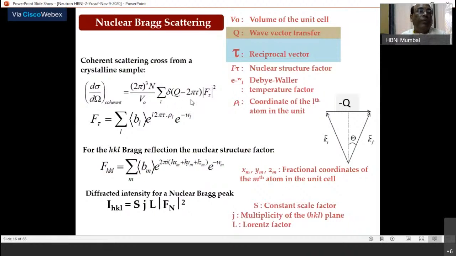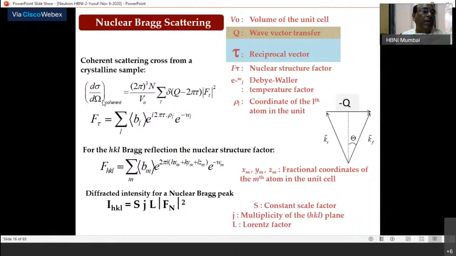You don't get Bragg peaks at all positions, only when the Q vector, Ki minus Kf, hits your τ vector in the reciprocal lattice space. I will not go into that. If you have any clarity problem, please go back to Kittel and get your doubts clarified. So this is the simple diffraction condition, nothing else.